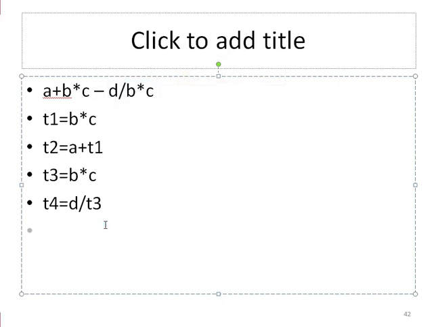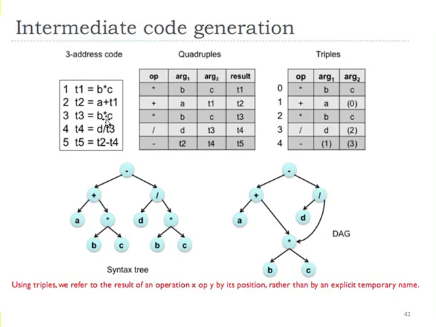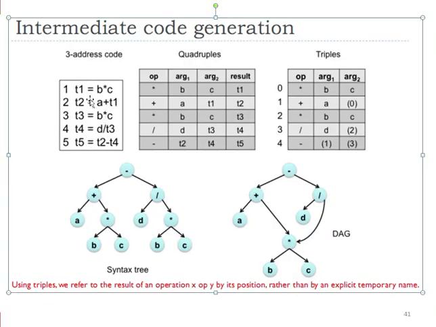Here we can assign the difference to T5, as the whole part is assigned to T2, so we can say T2 minus this whole part assigned to T4, so we can say T4. So this is the three-address representation that we have created.